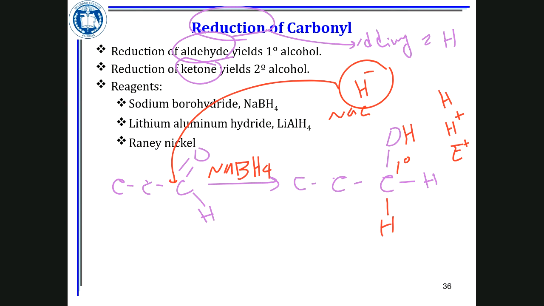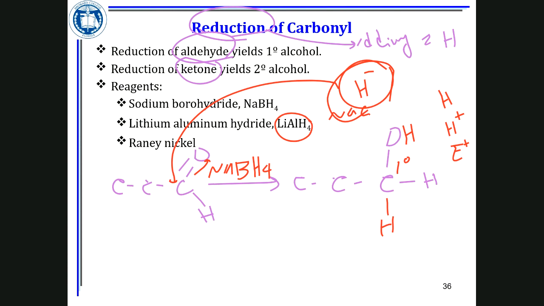The pi bond is going to break over the oxygen and then be protonated later. The other reducing agent we have is lithium aluminum hydride. What's the similarity? Both of them have hydride ion, and hydride acts as a nucleophile. So it can attack the carbonyl group, alkoxide would form, and then you would protonate.